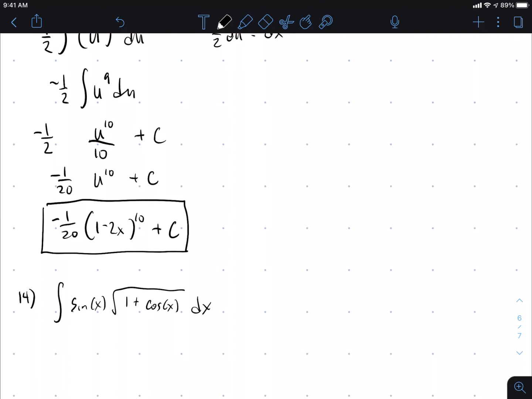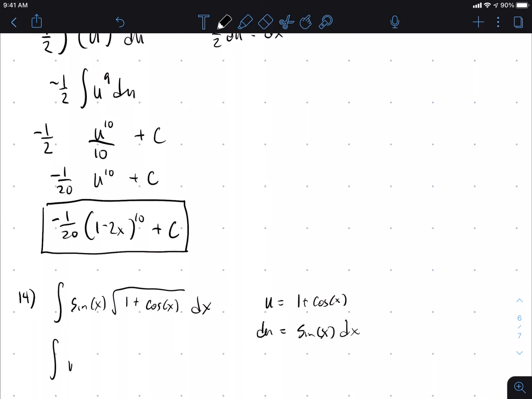What do you think I should do? It's clearly a u sub, but what should the u be? 1 plus cosine x. So if we get 1 plus cosine x, what's the derivative? Just sine x. It's the derivative. Yep. So then that tells me that du is the sine x dx, correct?